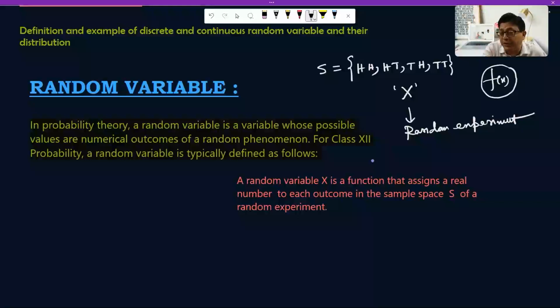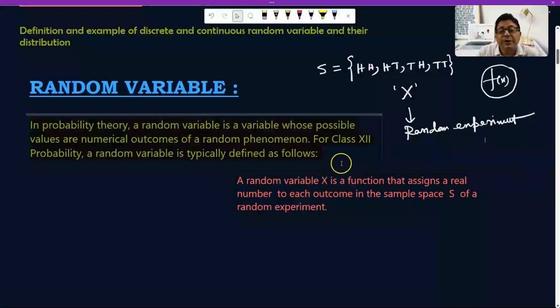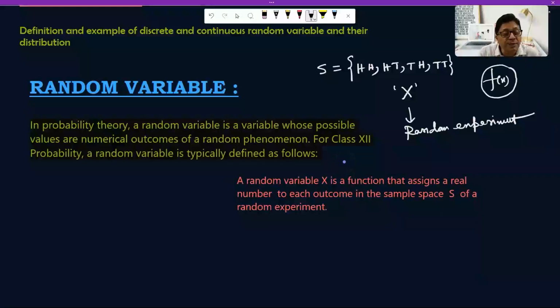Let me explain with this experiment, the simplest one. X is a random variable for this experiment, and what are the values it can assume? So you are taking the domain of the function as S here, and suppose the random variable denotes the number of heads.